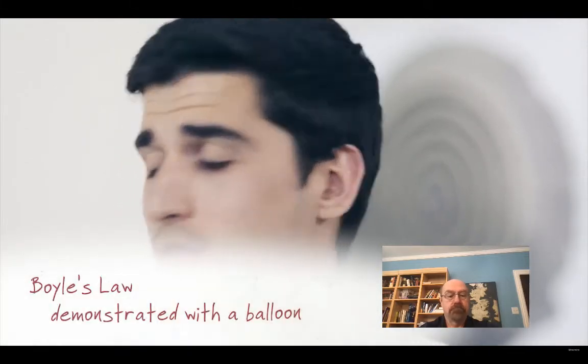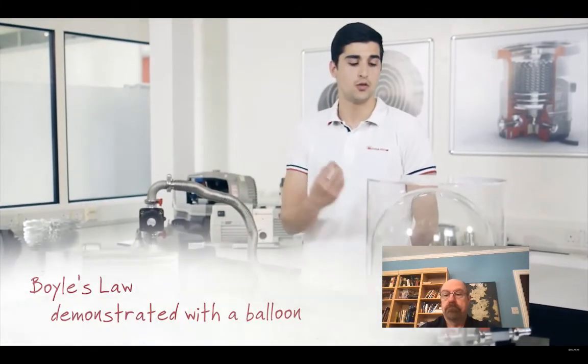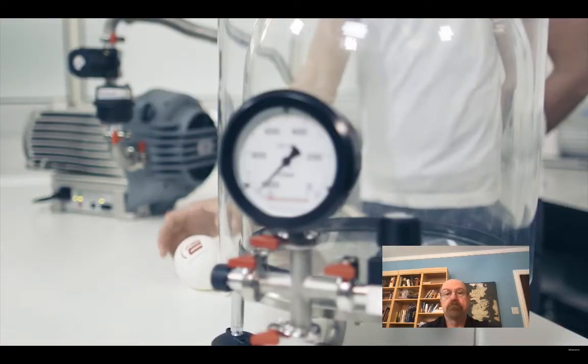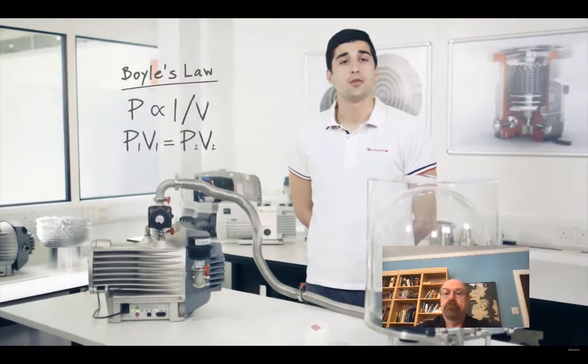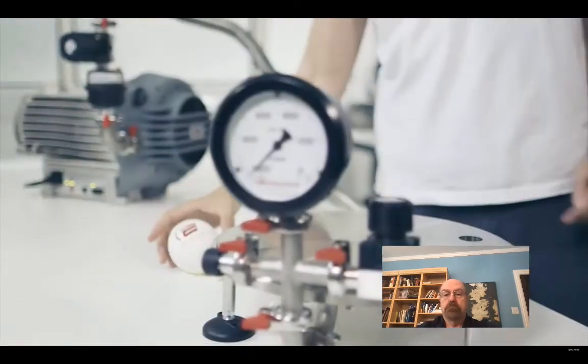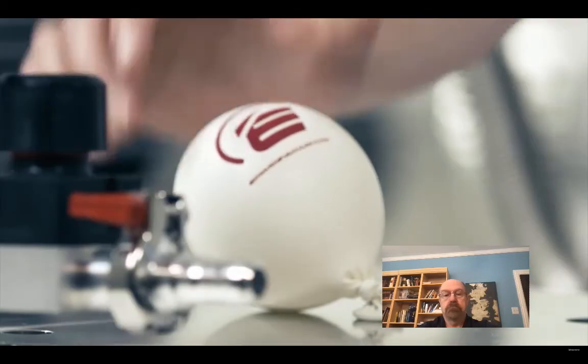Hi, I'm John from Edwards Vacuum, here in the Global Technology Centre in the UK. I will be demonstrating Boyle's gas law using a vacuum pump, which will draw the air out of our bell jar, and a balloon. Boyle's gas law describes an inverse relationship between pressure and volume. So, let's take a look. We'll place our balloon in the center.